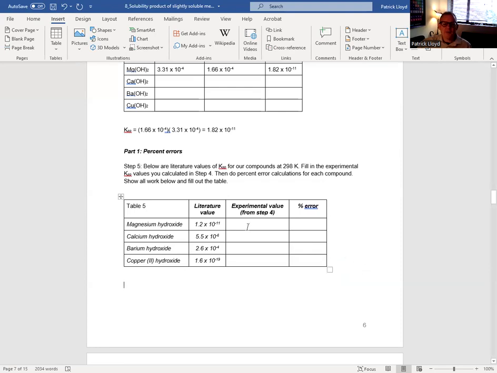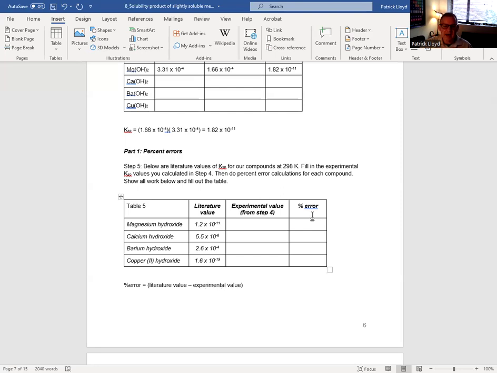All right. So now we're just going to do a percent error, experimental value and then percent error. You may or may not remember how to do percent error. In general, percent error is the difference between the literature value, or sometimes it's referred to as the true value, the accepted value, the one that we believe is correct or accurate, minus your experimental value.